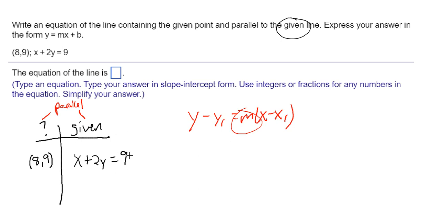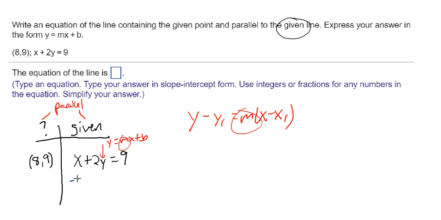So I'm going to have to use this other line that they gave me. So I can find the slope of this line by solving this equation for y. I'm going to get it in the form of y equals mx plus b, and then I can find the slope of this line, use the fact that it's parallel to figure out the slope of the line that I'm looking for. So that's the hoops we're going to have to jump through in this problem to find the slope.